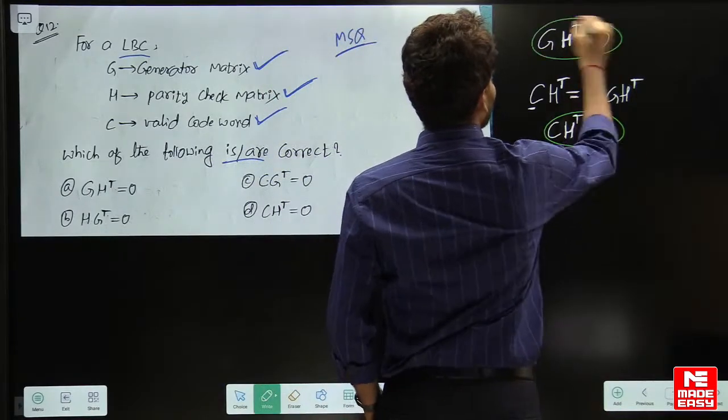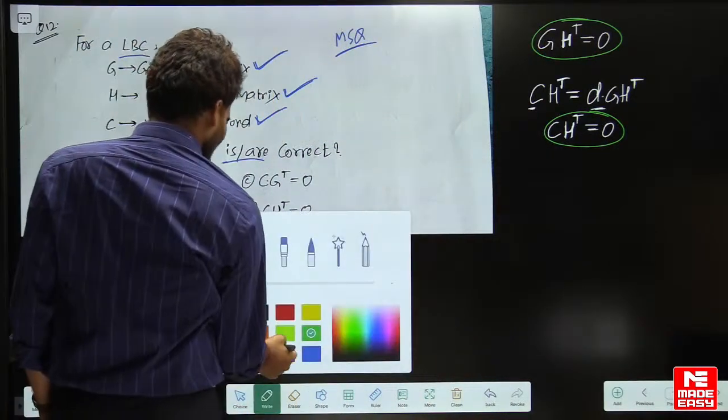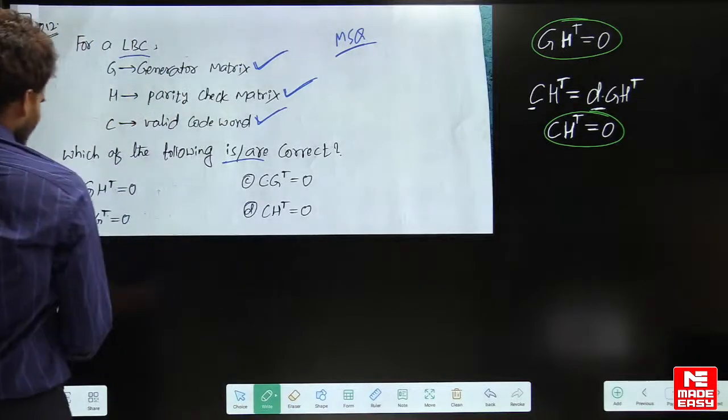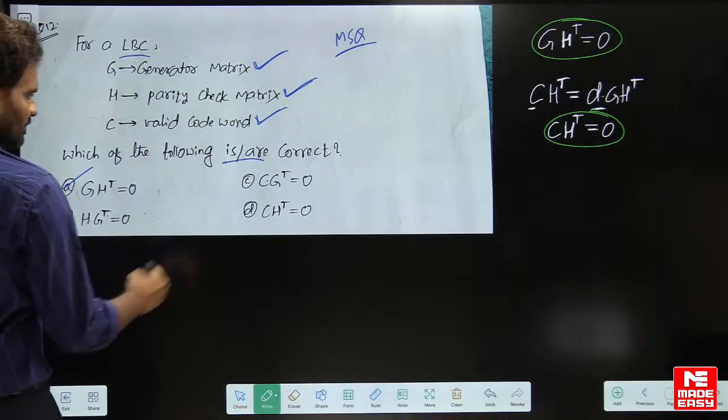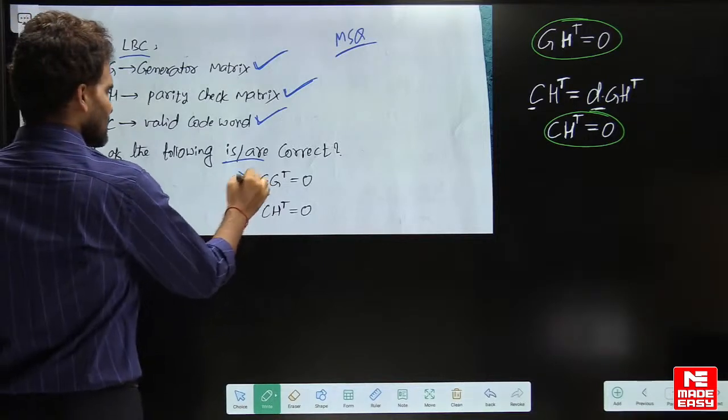And of course G into H transpose is 0. So G into H transpose is 0 and C into H transpose is 0. C into G transpose 0 is incorrect.